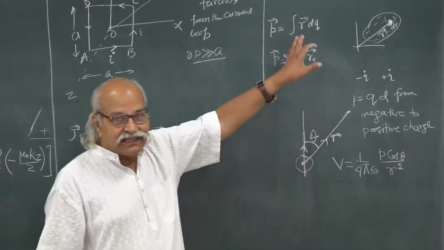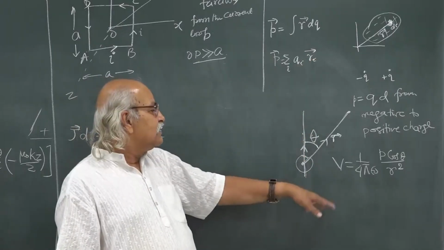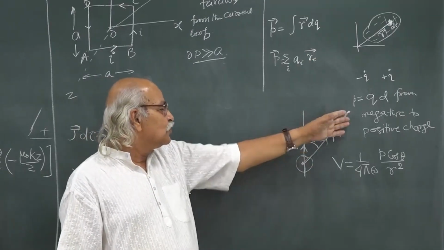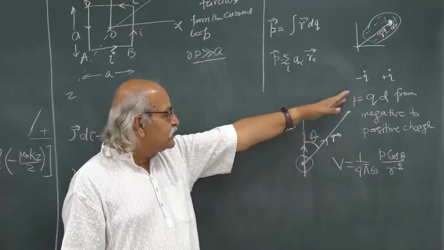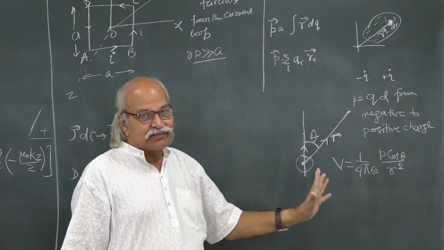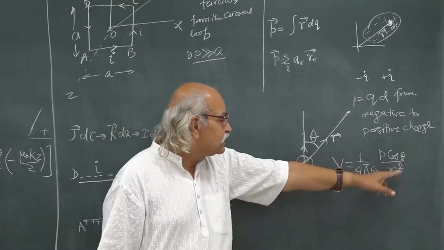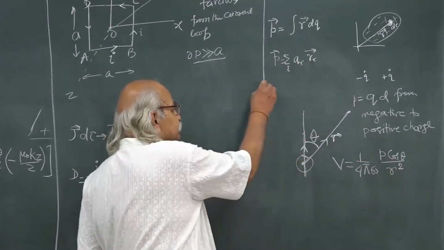Okay. So, these things are from electrostatics. The potential due to an electric dipole at a far away point is given by this expression, and these are the meanings of these symbols.